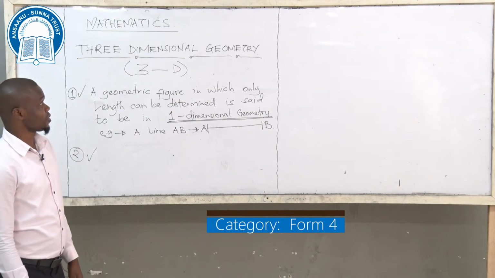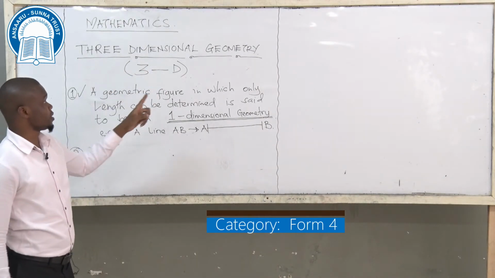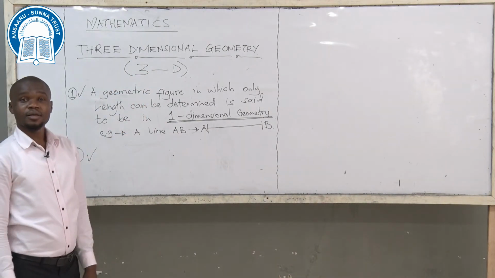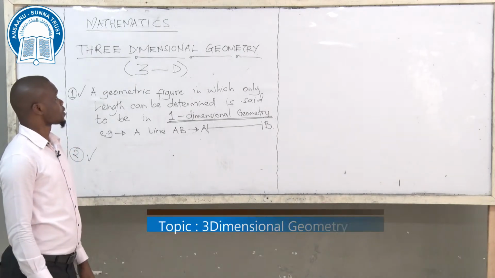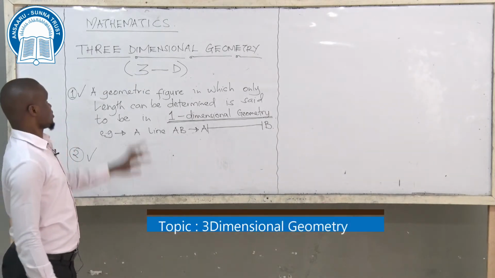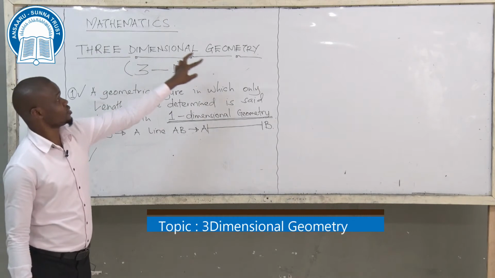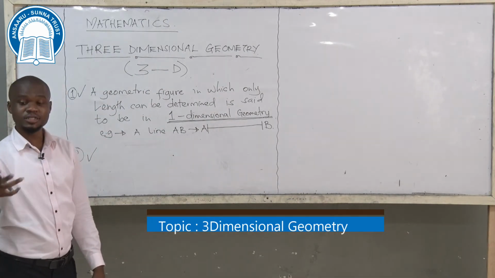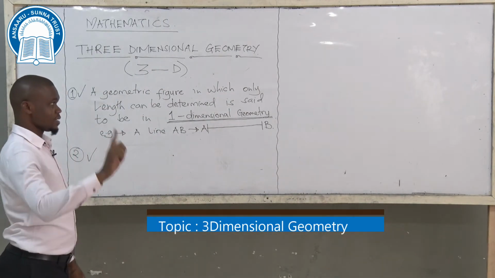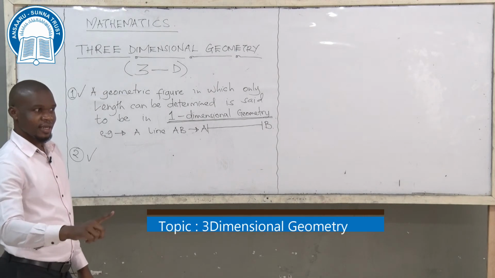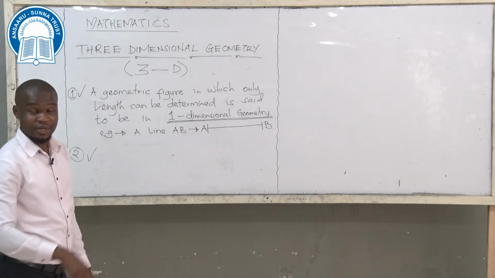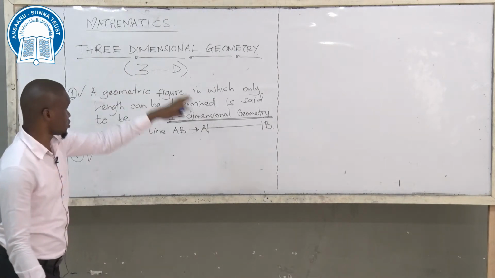The topic today we're going to cover is three-dimensional geometry, that is 3D. And for us to have three-dimensional geometry, it means that there has been one-dimensional geometry, and there has been two-dimensional geometry, and now three-dimensional geometry.